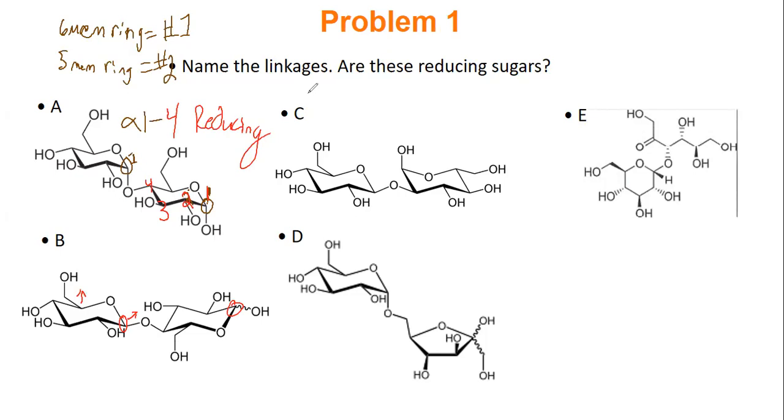So this beta 1, then we're going away from the oxygen. So 1, 2, 3, 4. Beta 1,4, reducing. Basically the same thing as A, but the anomeric carbon has switched from alpha to beta.